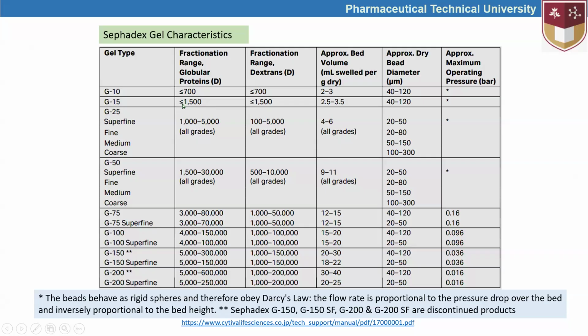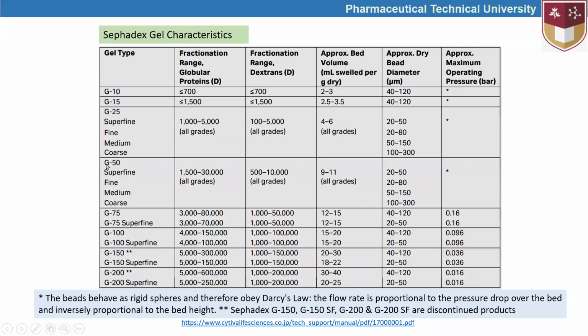G15 can be used for peptides with size lower than 1500 Dalton. G25 is used for peptides differing by molecular weight from 1000 to 5000.